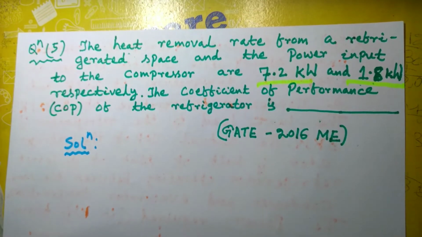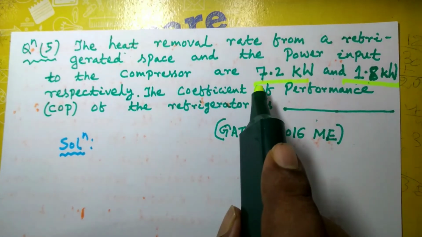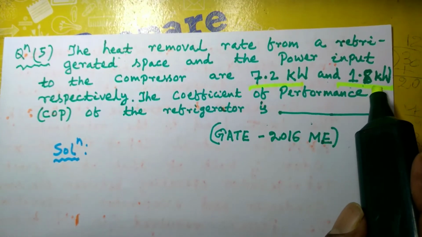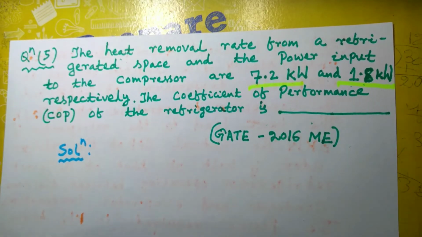Whatever power is consumed by the refrigerator, that is mainly the power required to drive the compressor. In fact, in case of a vapor compression refrigeration system, it is the electricity consumed, and in other systems, a different kind of energy is transferred. So here the Q dot L is given, and this is the heat removal rate, and this is the W dot work required input. So you are required to find the COP of the refrigerator. It is a very straightforward question.